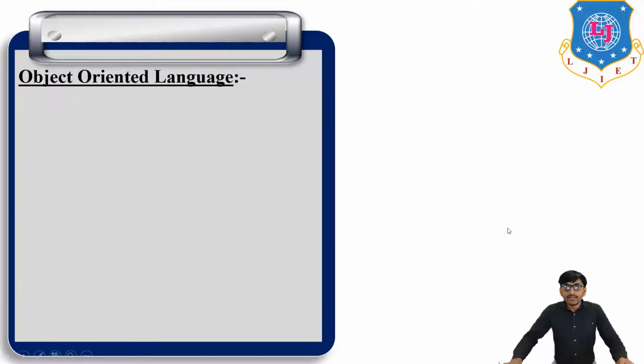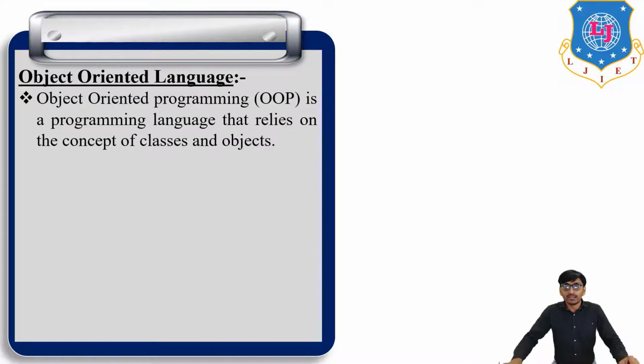Then second one, object oriented language. It is also known as OOPS. Object oriented programming is a programming language that relies on the concept of class and object. So there are normally two concepts, class and object.